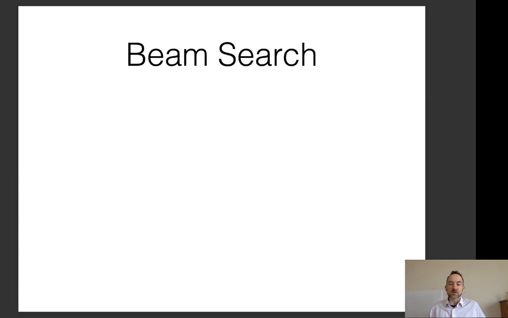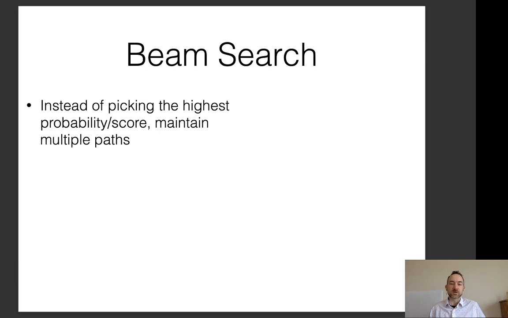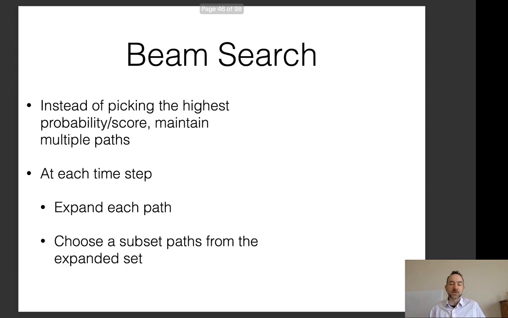So one way to fix this is beam search, which we've also talked about a little bit before. But basically, in beam search, instead of picking the highest probability or score, we maintain multiple paths. So at each time step, we expand each path and choose a subset of paths from the expanded set.